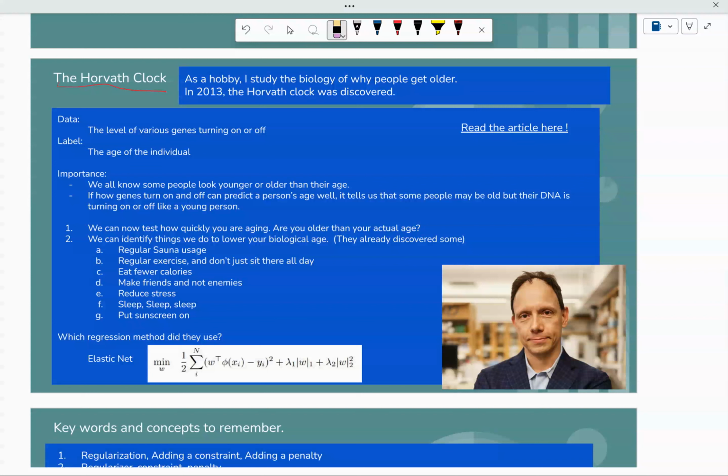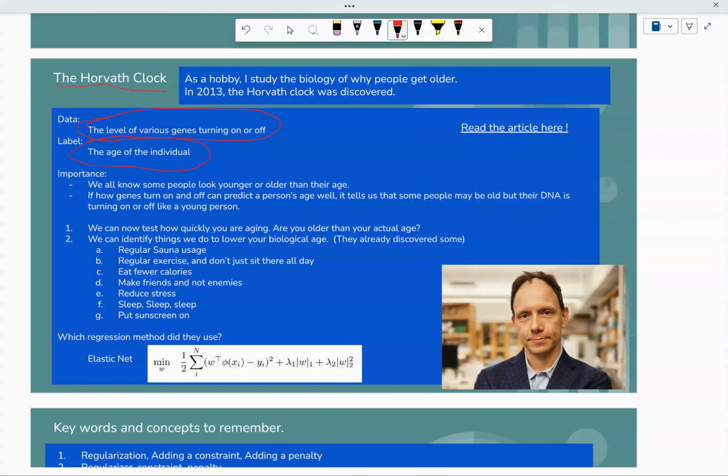So the idea is, what if we collect various genetic data for a person, but not about their genes, more about the pattern in which the genes turn on and off. The theory is that if you're younger, your genes turn on and off with a certain pattern, and when you're older, they turn on with a different pattern. And the label was the age of the individual. It turns out that if you use this as the data, it does a really, really good job of predicting a person's actual age.